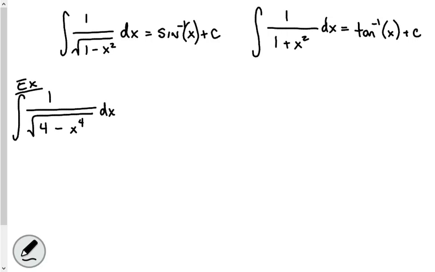But you don't have a negative 4x cubed in the numerator, so you know you have to do an arcsine. It's got to be an arcsine. But this 4 isn't a 1.